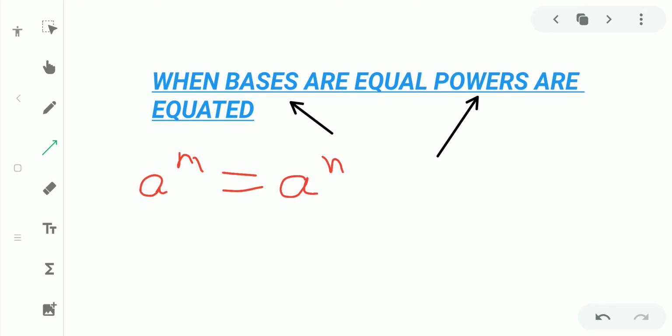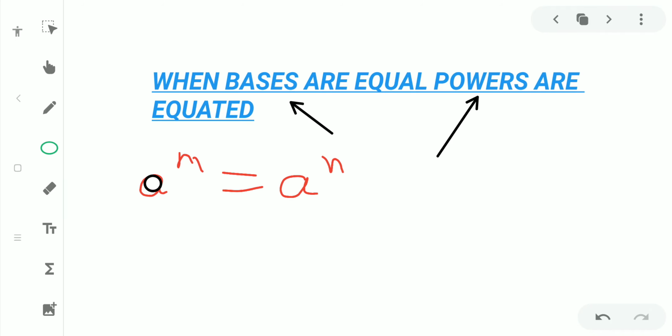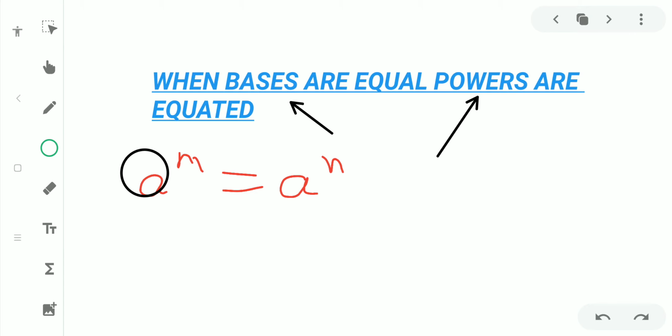What do these fancy words mean? Bases are nothing but the ones which bear the exponents, the ones which I circle, the ones which carry the exponents.